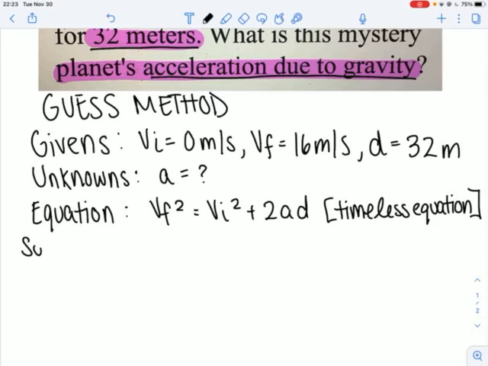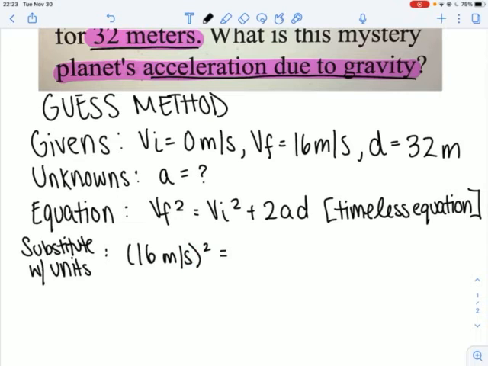So now we're going to substitute with units. So Vf is (16 meters per second) squared. Make sure that you're keeping this square outside of the parentheses. So always put parentheses. Don't put the square on this s because then it looks like an acceleration.